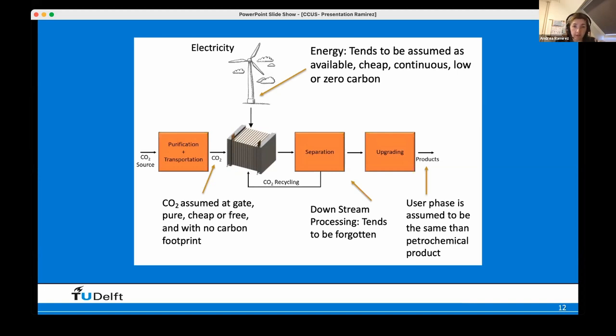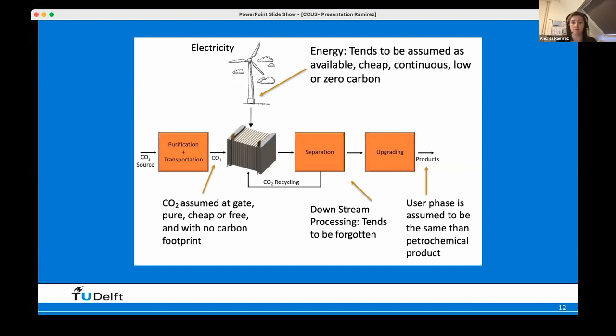And the life cycle assessment tends to say, well, the energy is going to be available, it's going to be renewable, it's going to be cheap or for free, it's going to be continuous even though it's intermittent, and it's going to have almost zero carbon footprint. A lot of what we do in LCA or techno-economic analysis is try to avoid free lunches. Try to understand exactly what we mean: if it's really dedicated, intermittent, is the intermittency affecting the technology? And if so, can we already do something?